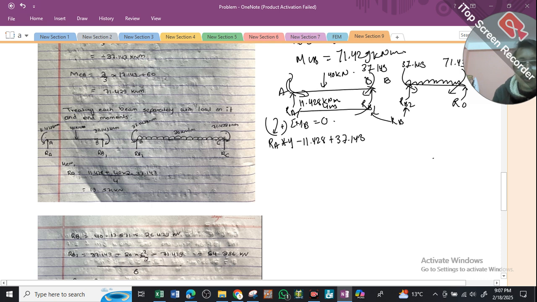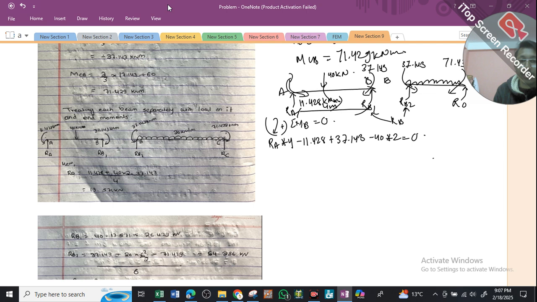Next, what is the 40 kilonewton producing? It is also producing anti-clockwise moment, so minus 40 into 2, equals 0. This is my total moment acting at B. Why negative? Because 40 is acting downward, and it's going to rotate my beam anti-clockwise.